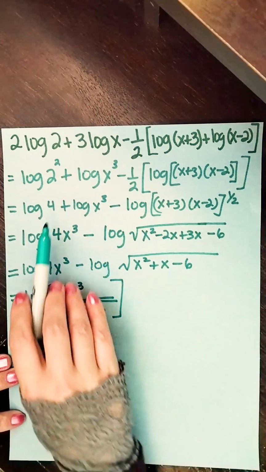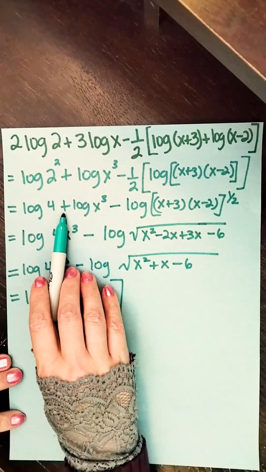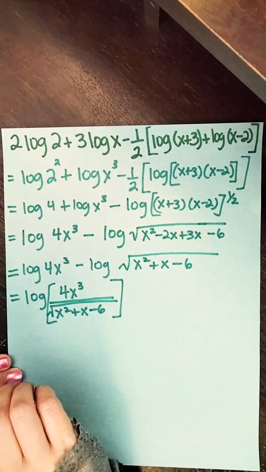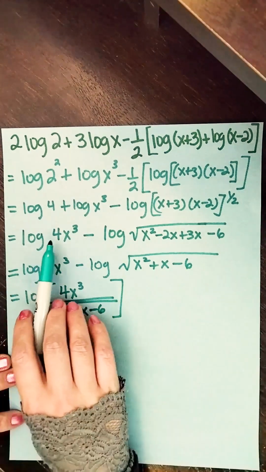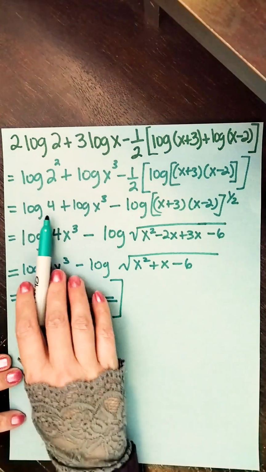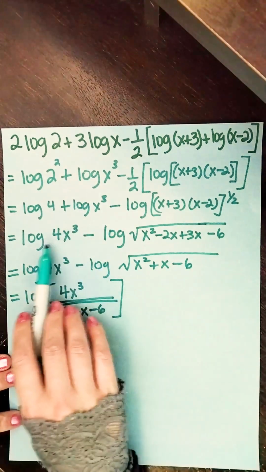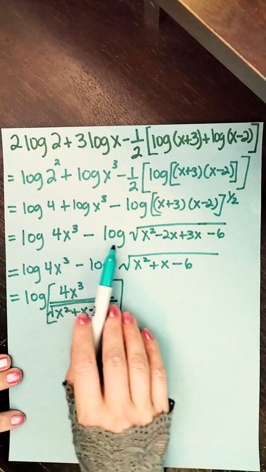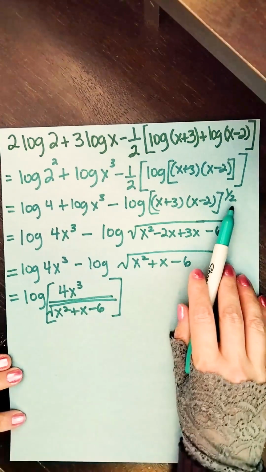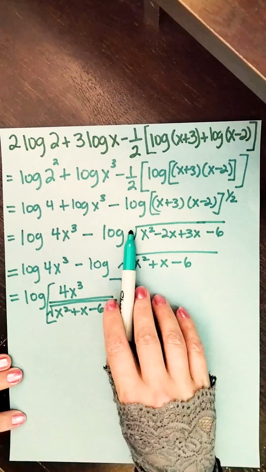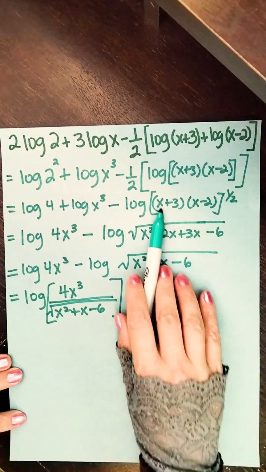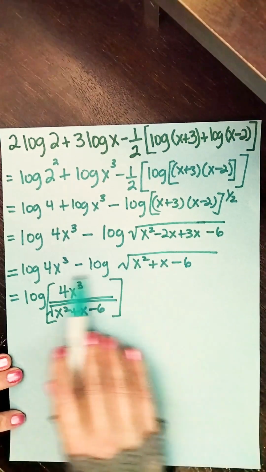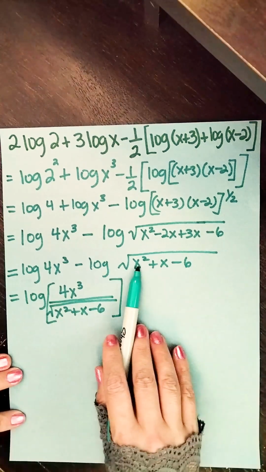And then here I had a sum of two logs, so I can use the product property of logs and take the log of the product of the factors, 4 times x cubed. And I had minus the log of, I changed this 1/2 exponent. We know that's the same thing as a square root, and I multiplied these two binomials. And on the next step, I simplified that.